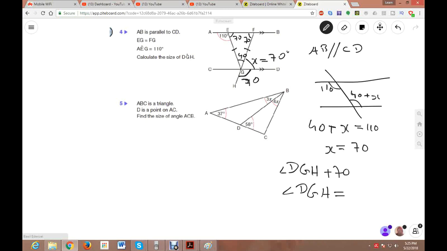That's a mistake we made. This is equal to 180. So 110.